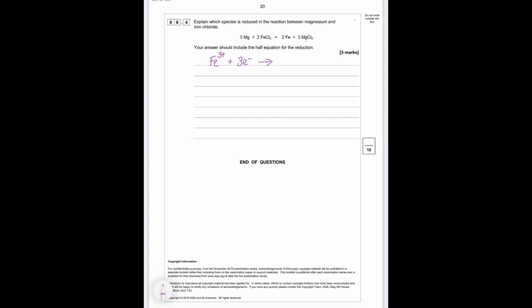So the electrons have to be added to the actual iron, and that produces my iron atom. And we can see that we've got gain of electrons. And when we have gain of electrons, that is reduction.